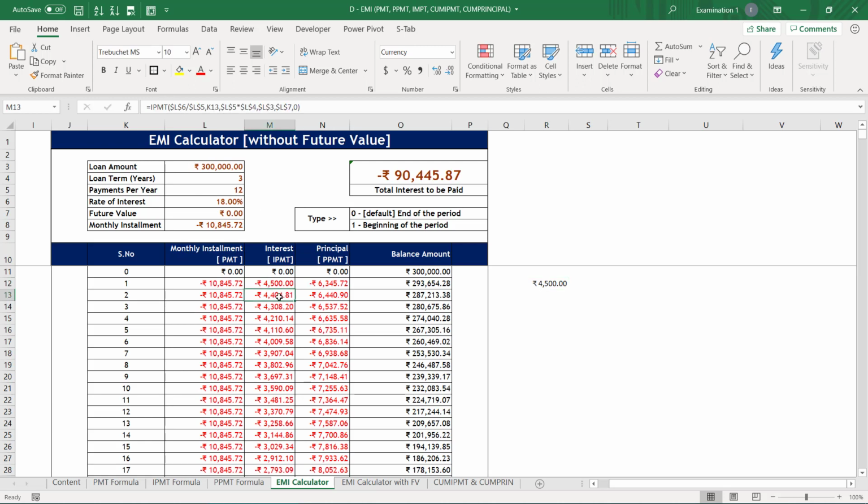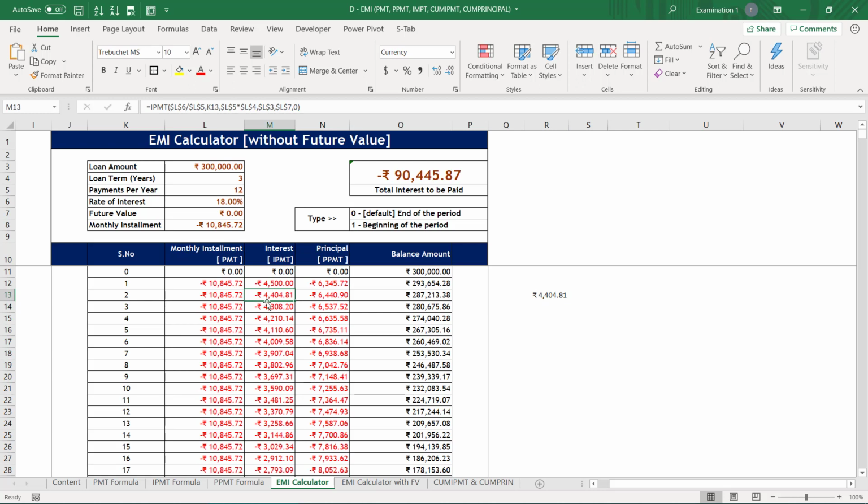But if you come here in the second installment, you do not need to pay the EMI over the entire money, because you have already paid 6,300 approximately, and the balance amount is this much. So this is basically equal to this amount multiplied by 1.5%, 4,404 rupees.